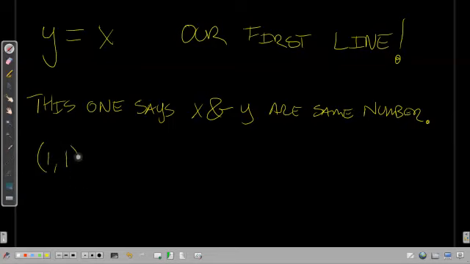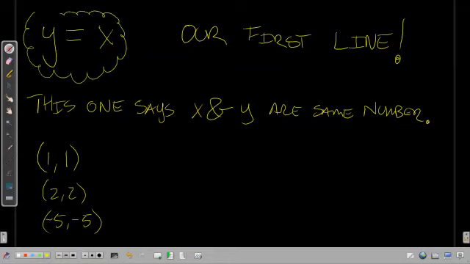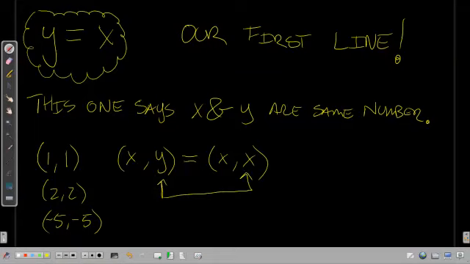Like the point 1, 1, or the point 2, 2, or -5 comma -5. Y must be equal to x. And since the ordered pairs all look like x comma y, then x comma y is the same thing as x comma x, because y is equal to x.